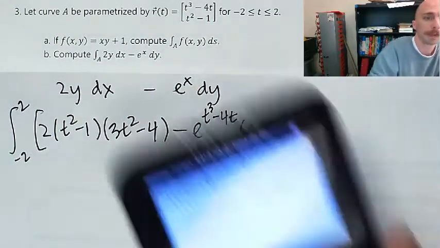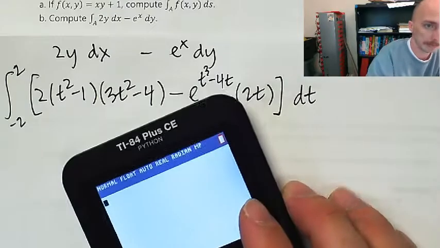And again, this is not something we want to compute by hand.